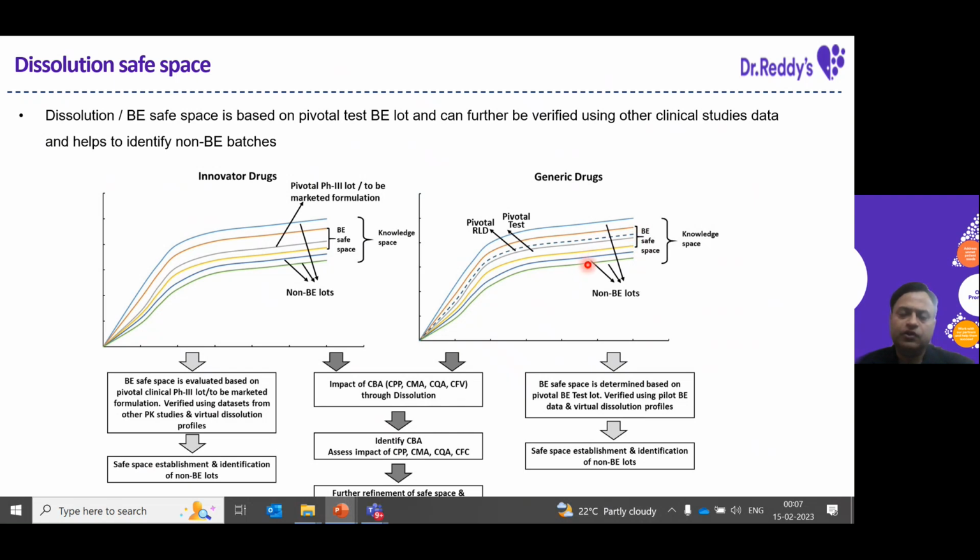Whereas on the extreme, the two lower in vitro release profiles are the batches which were not bioequivalent. Hence, basis this, we can establish the safe space, and overall we can consider this as our knowledge base. Moving on to the next slide.